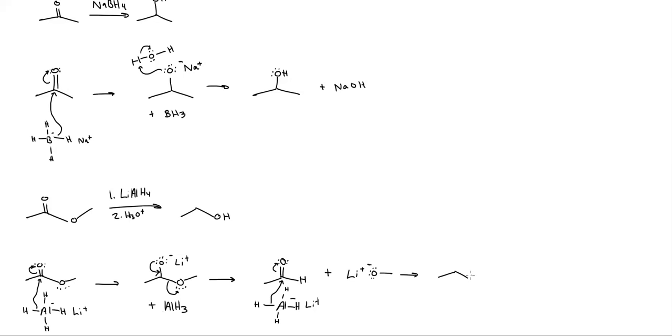And now I've made this primary alkoxide. Okay. All right, because now I have 2 hydrogens on that carbon where I've drawn those 2 bonds. And I also get AlH3.